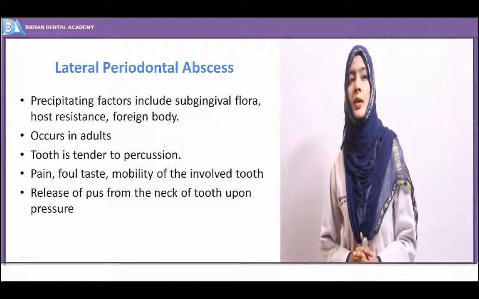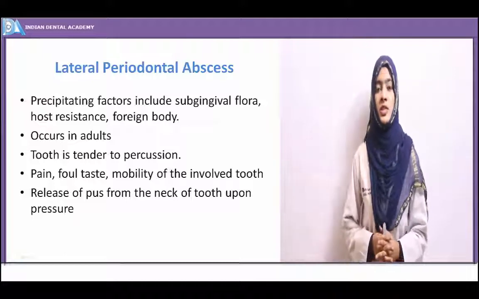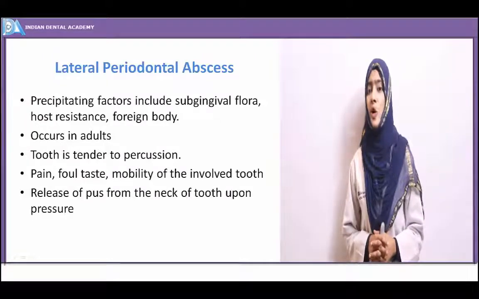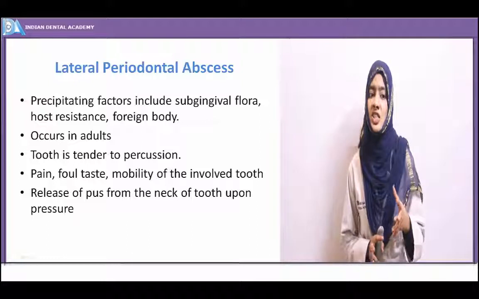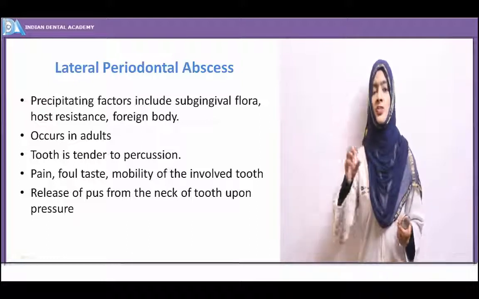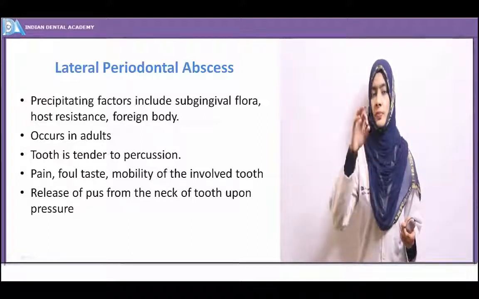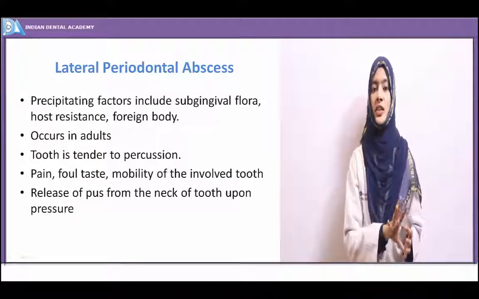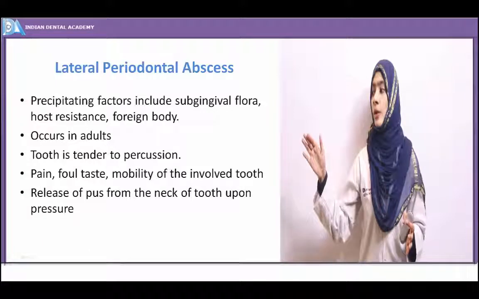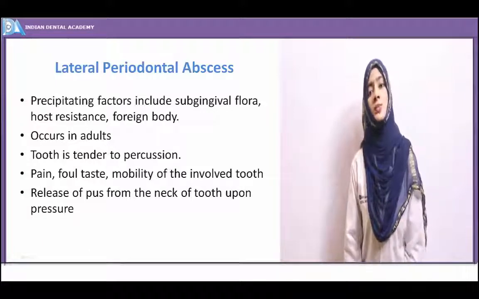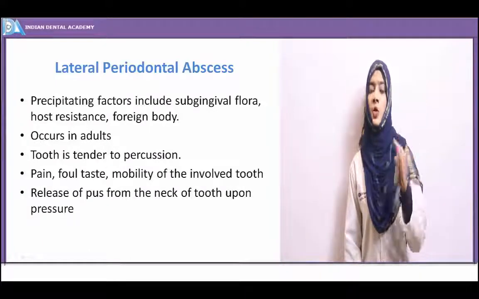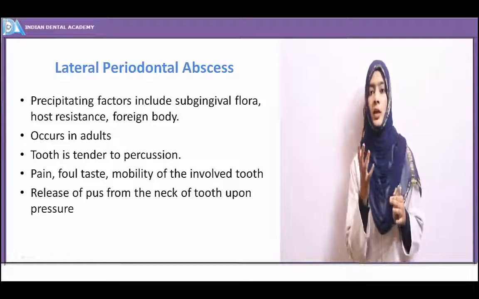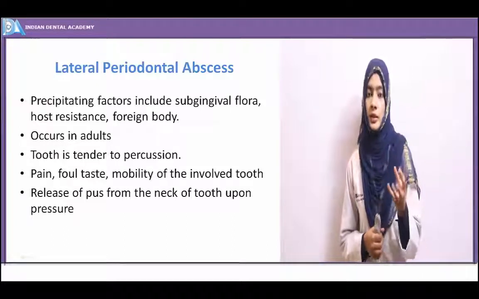The other common abscess which is seen is the lateral periodontal abscess. We have seen that the gingival abscess is because of bacteria being carried to the gingival sulcus, or some form of irritation. The lateral periodontal abscess also occurs because of some form of foreign body being carried to the periodontal region, that is, into the pocket depth.